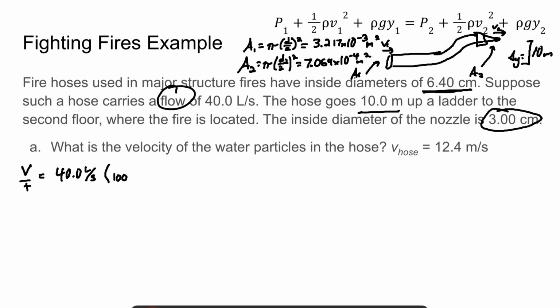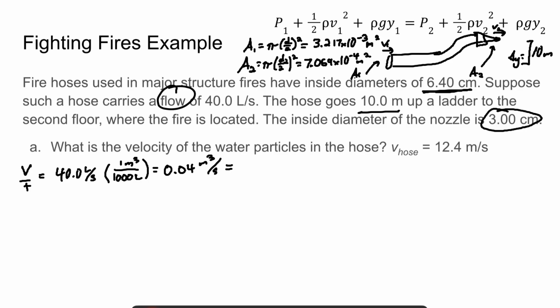We know there are 1,000 liters for every 1 cubic meter. If you've forgotten that conversion, you can try converting from liters to meters cubed, and you'll find there are 1,000 liters per cubic meter. That means we've got 0.04 cubic meters per second as our flow rate.